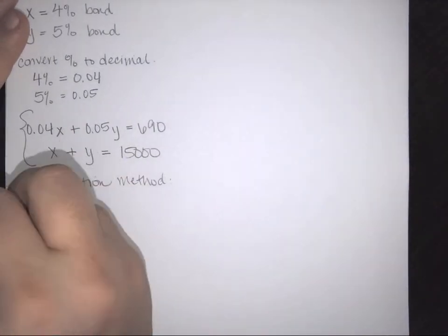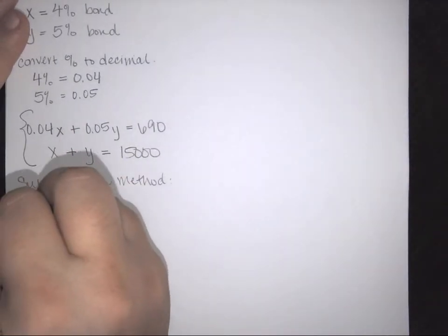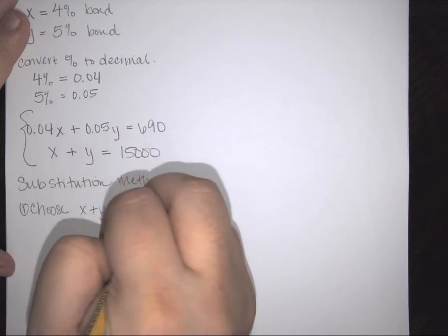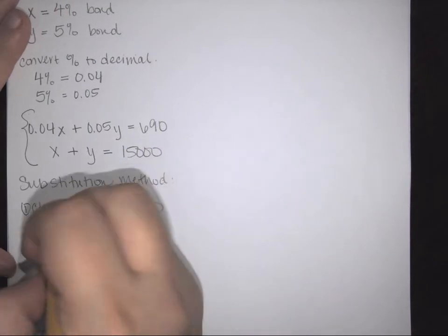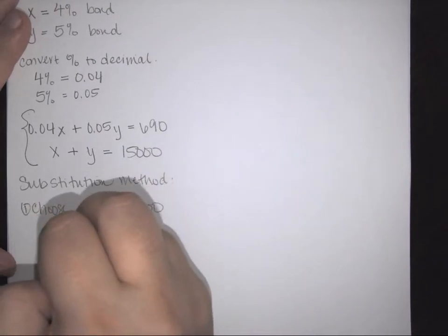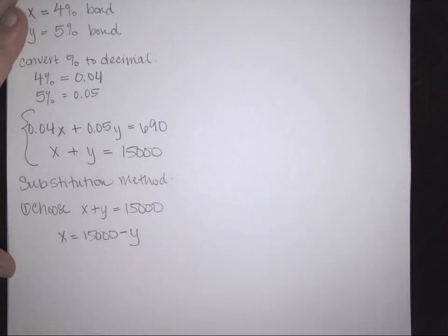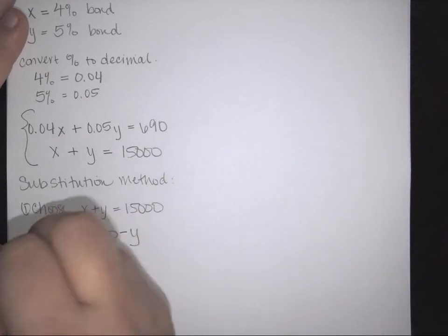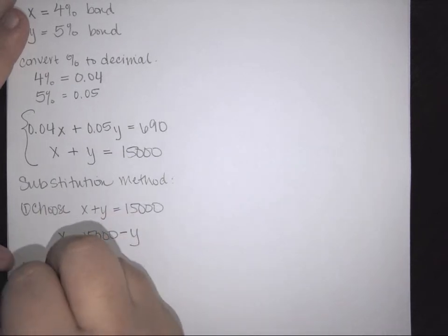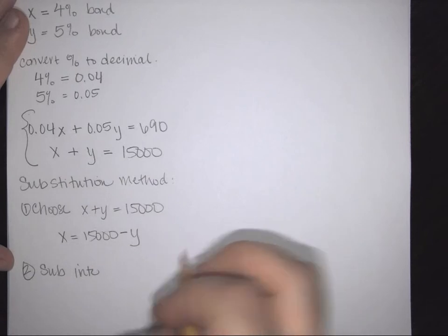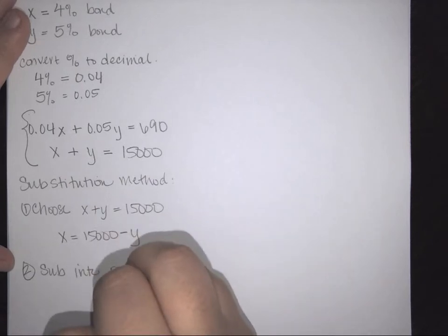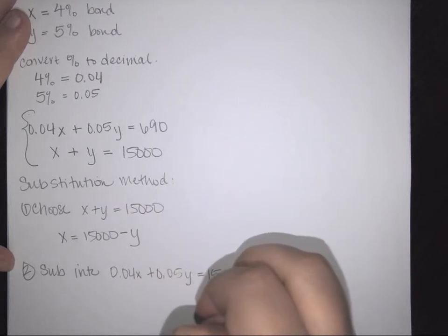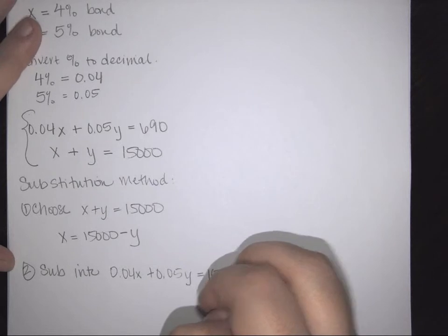So again, substitution says I have to choose an equation. So X plus Y equals 15,000, and I need to solve for a variable. So X is equal to my 15,000 minus Y. I then have to substitute it in. So the second step is we need to substitute into the equation that was not picked, so into my 0.04x plus 0.05y equals your 690.